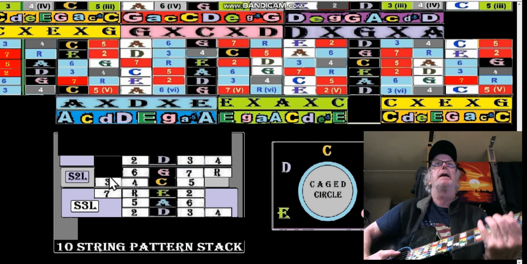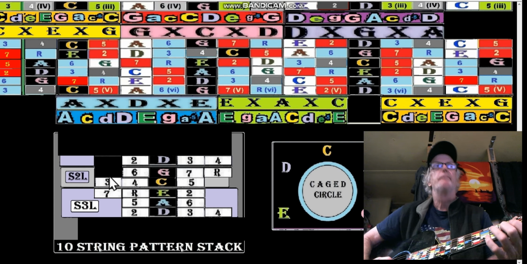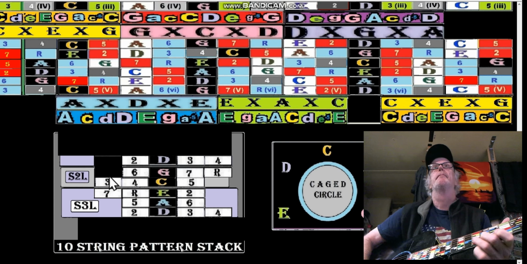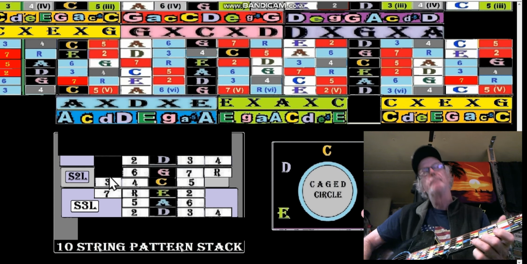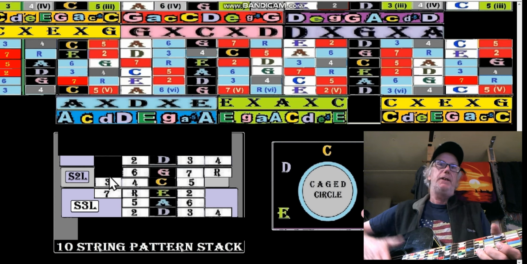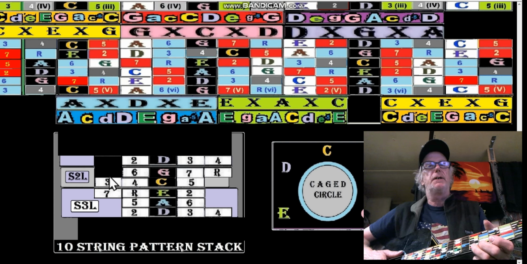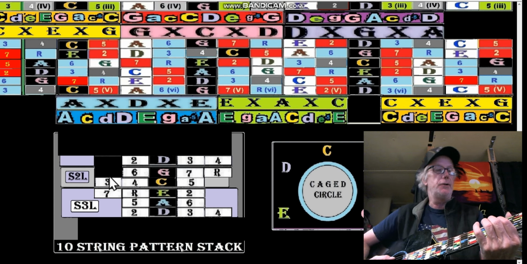So it'd be like. Okay, so that is a D shape, a diatonic D, key of D scale starting on the 2.